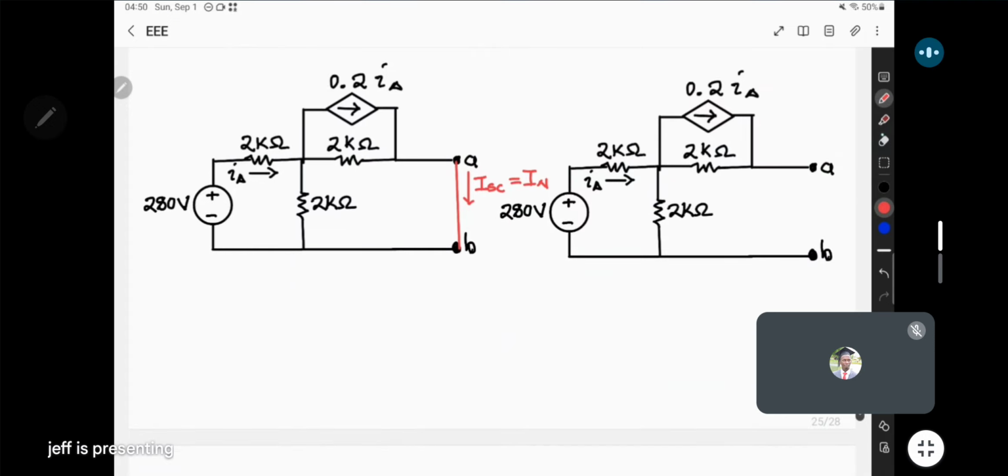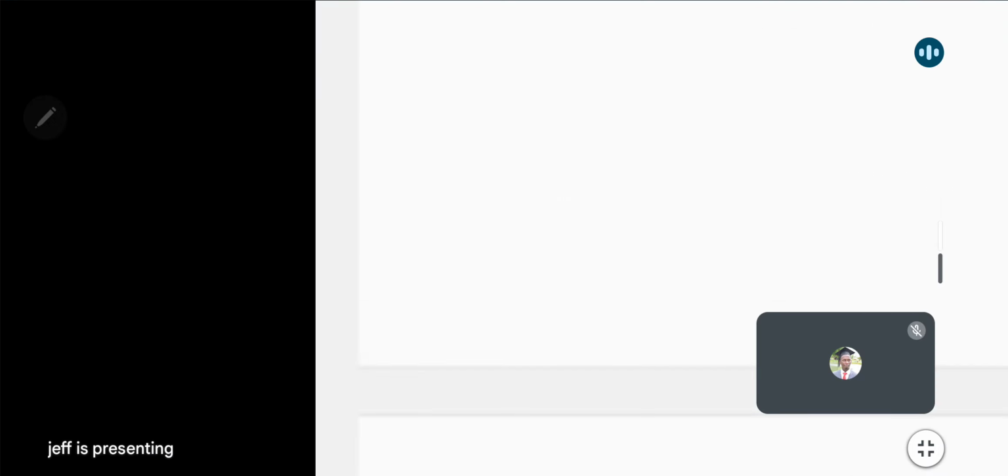And then in the other approach, you open the load and leave it open. In this case, the load resistor has been removed from the circuit, and we've left those two terminals open. In this approach, what you'll be finding is the V open circuit, the open circuit voltage. This will be equal to V Thevenin. So these two methods are going to be okay.